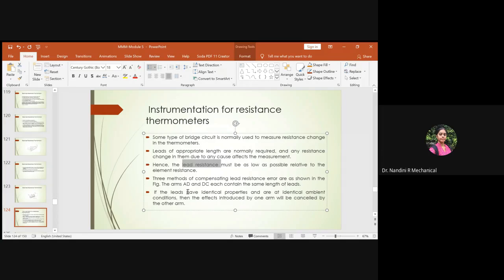Due to this, both get cancelled and nullified, and the error associated with the lead wire flow of current will be cancelled there only. As a result, the reading of the thermometer could be directly measured in the bridge without considering the error, because the error which was there in the lead wire will be cancelled.